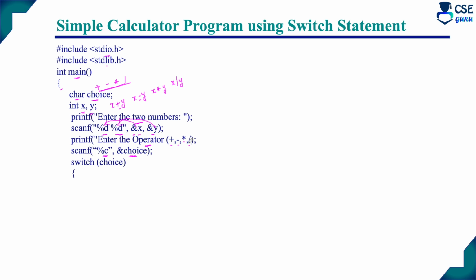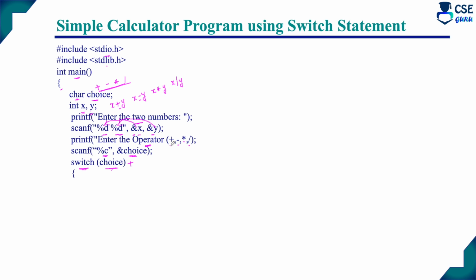Here it will accept the choice variable, that is, what operation you are going to perform, and that will be passed to the switch statement. Switch, this is the expression. This expression will hold any one of these four characters: addition, subtraction, multiplication and division. Once you have entered the choice variable, suppose I have entered plus, the switch will take plus. Next, we have to enter whatever case statements are required.